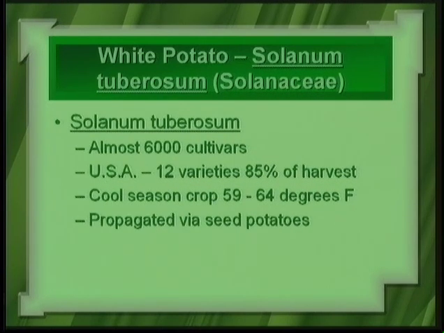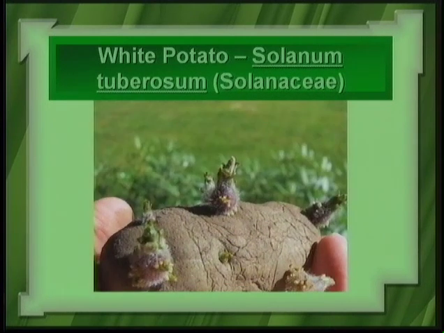Okay. And how are they reproduced? How are they propagated? They're propagated via seed potatoes. Okay, what are seed potatoes? Seed potatoes, we're going to see in just a minute here, like the image that you folks saw earlier. Here we have an image of a plant, or part of a plant, and here you have these little structures on it.